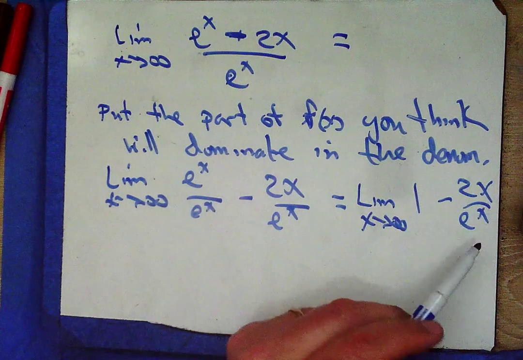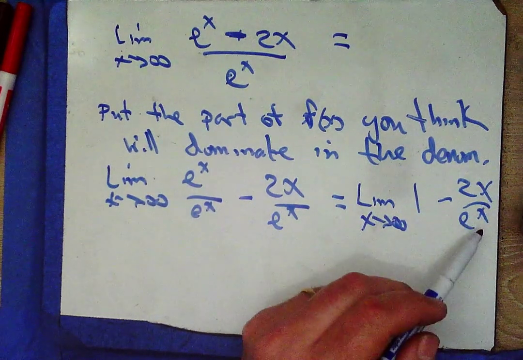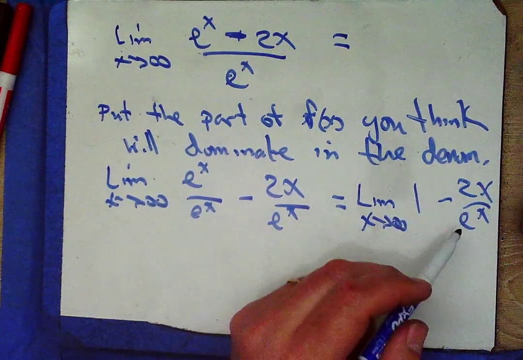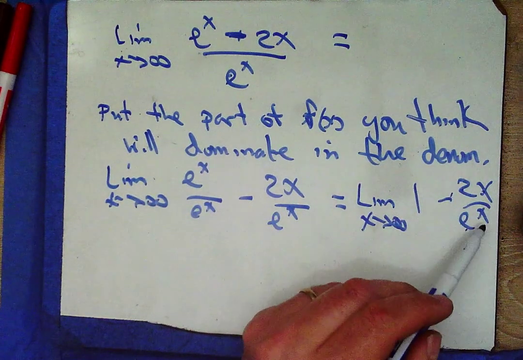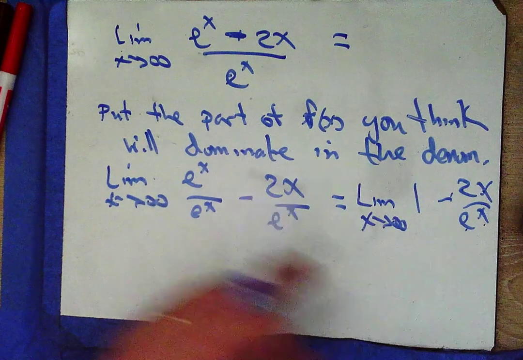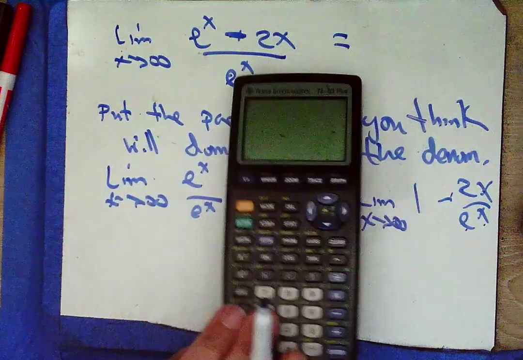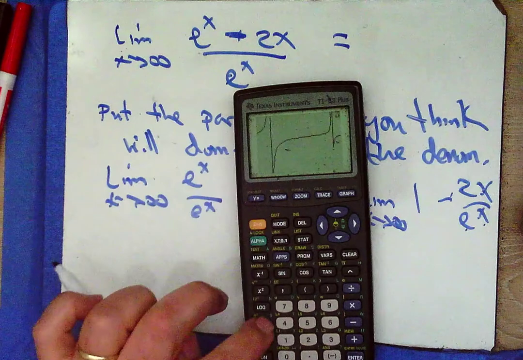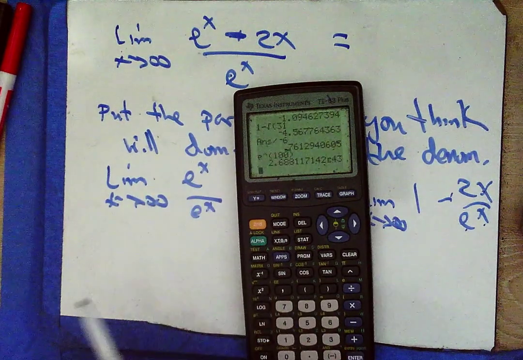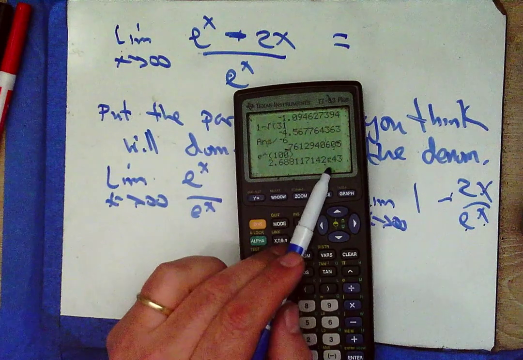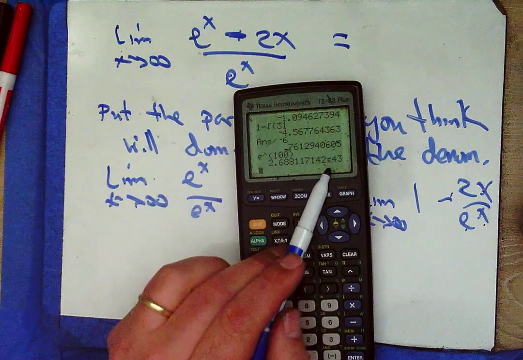And so what I want you to think about here is if I plug in 100, this is going to be negative 200, but this is going to be e to the 100 power. Now, I'm interested to know if I type in e to the 100, if my calculator will say that's too big a number. No, but it is 10 to the 43rd power, right?